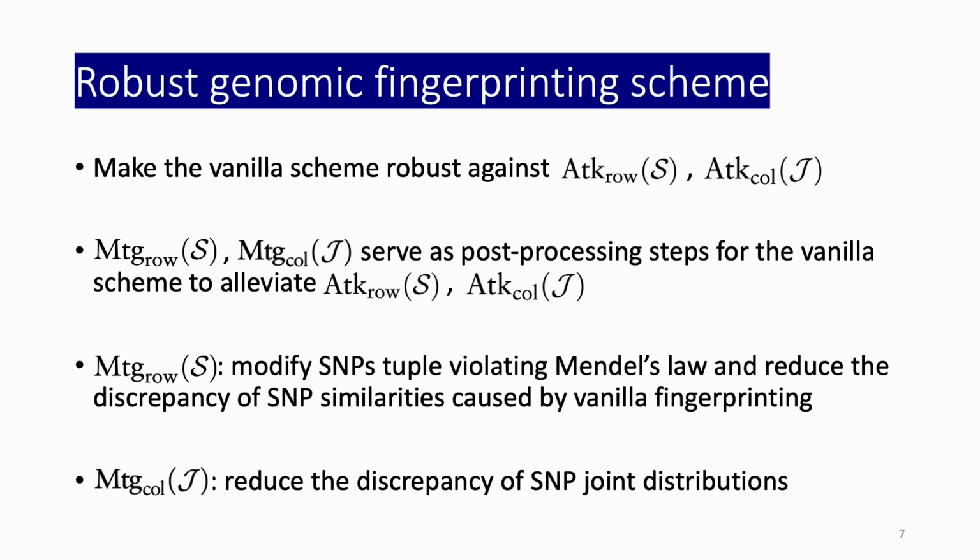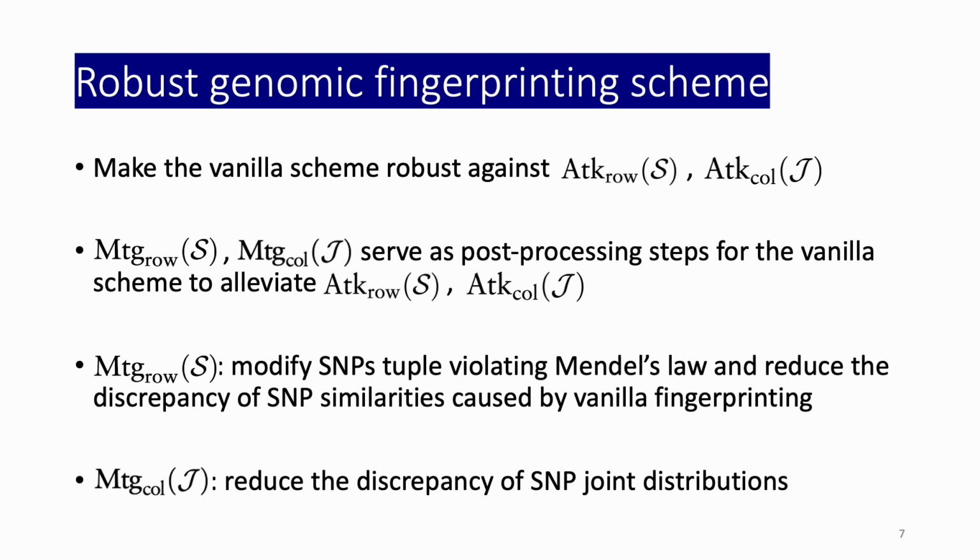This technique can serve as post-processing steps for the vanilla scheme to mitigate against the row-wise and column-wise correlation attacks. In particular, the row-wise mitigation technique modifies the SNP tuples that violate Mendel's law, and at the same time reduces the discrepancy of SNP similarities that are caused by the vanilla fingerprint insertion.